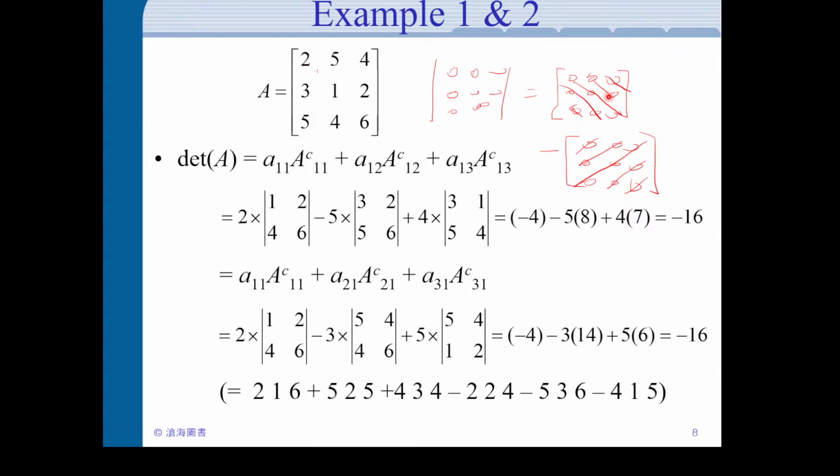You take the product of the 3 diagonals, so this 2 times 1 times 6, plus 5 times 2 times 5, plus this 4 times 3 times 4, then minus the 3 off-diagonals: 2 times 2 times 4, minus 5 times 3 times 6, minus 4 times 1 times 5. Okay, so this is also a formula that's probably a little faster. You can calculate the determinant of A this way, and it will equal this row and column expansion.